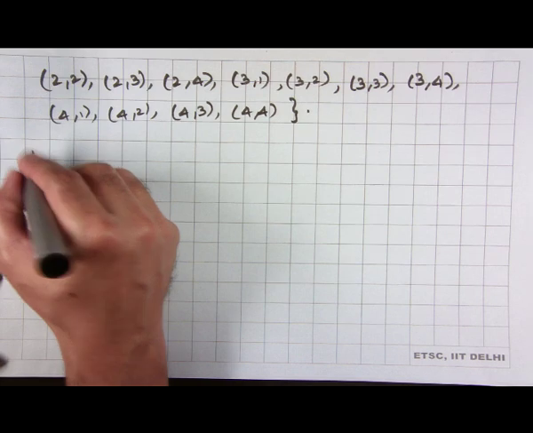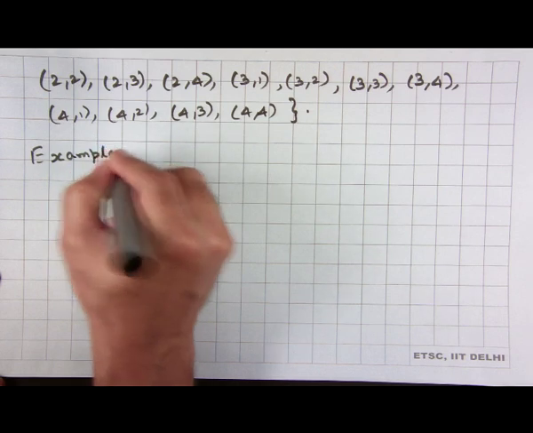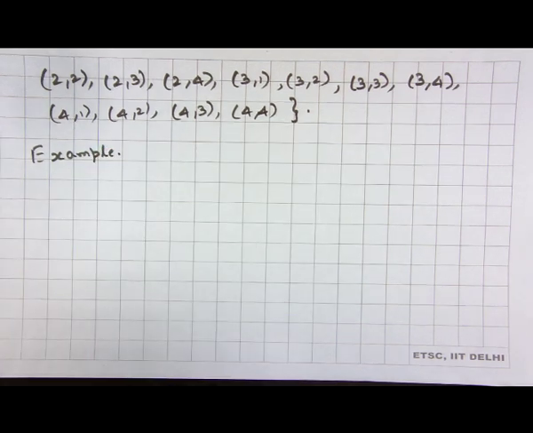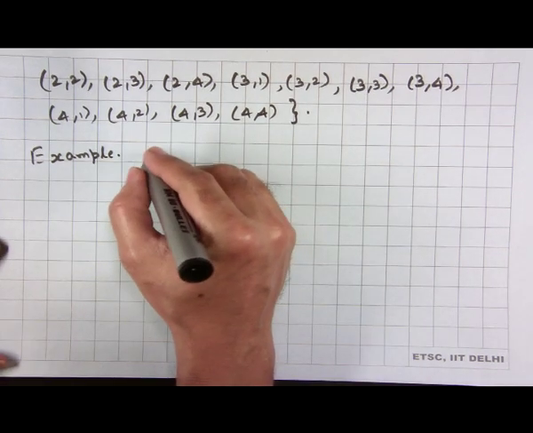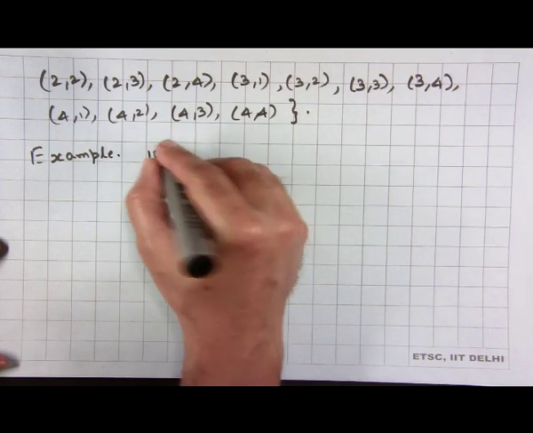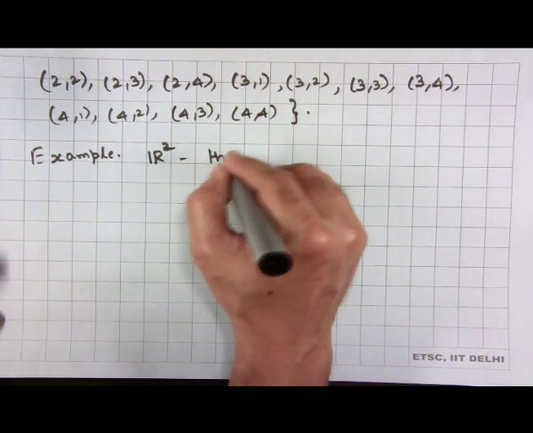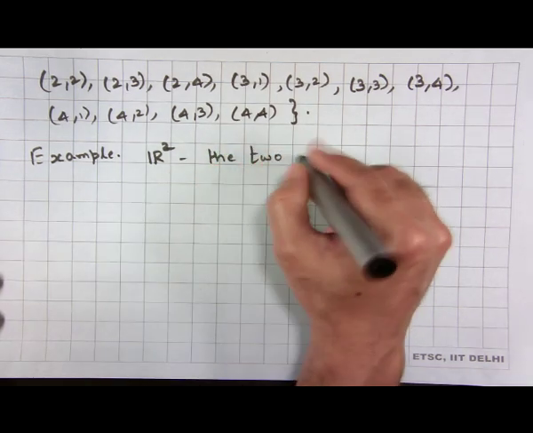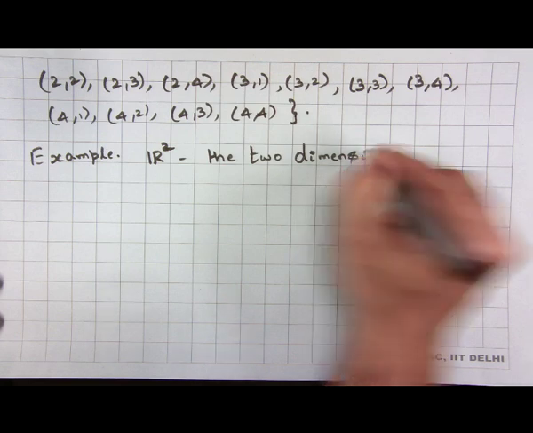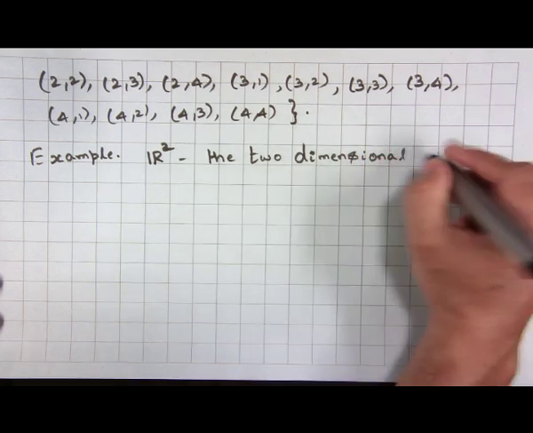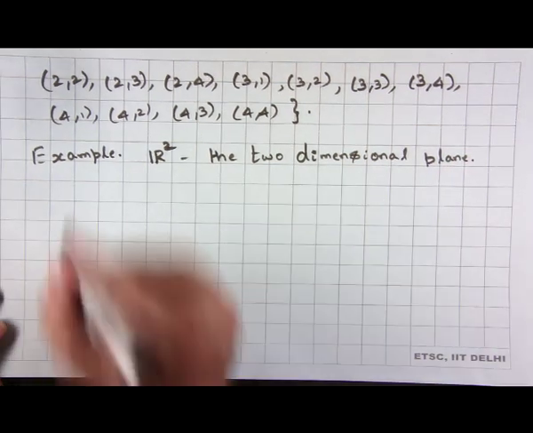Let us do one more example from geometry, and let us try to do higher examples based on this. Most of us are aware of what is known as R2, the two dimensional plane. What is this R2?